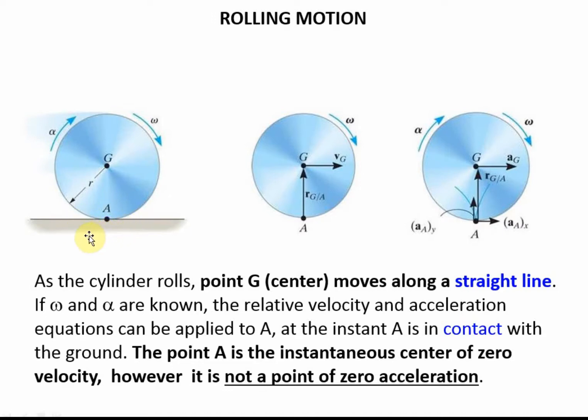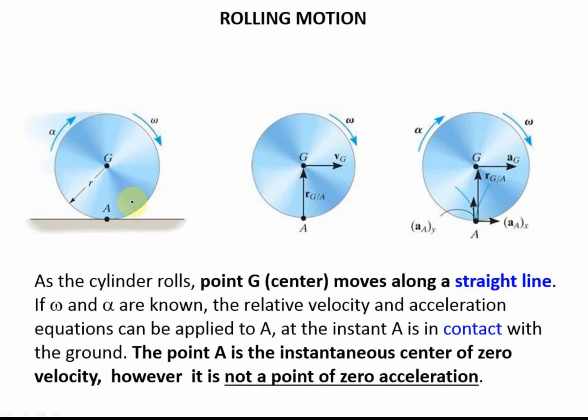Then we want to apply our knowledge about relative motion analysis to this rolling motion. As you see, right now the cylinder rolls on the surface without slipping.